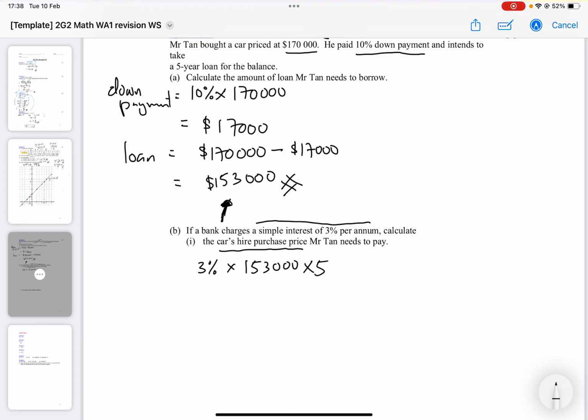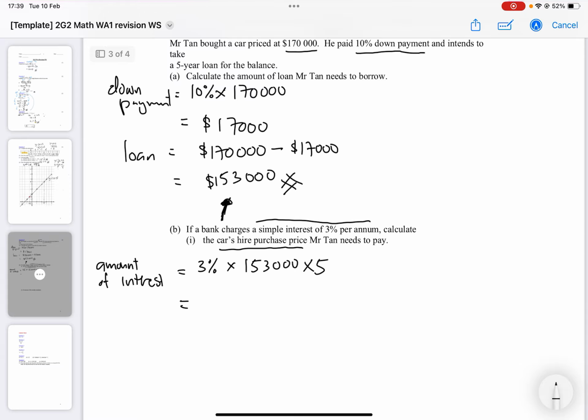So this is the amount of interest: 3% of 153,000, then over 5 years, times 5.